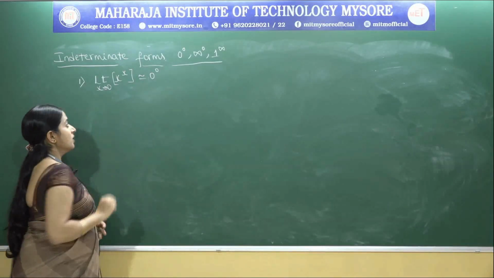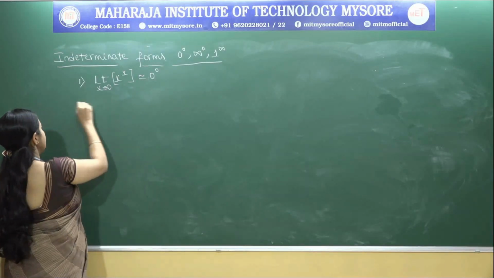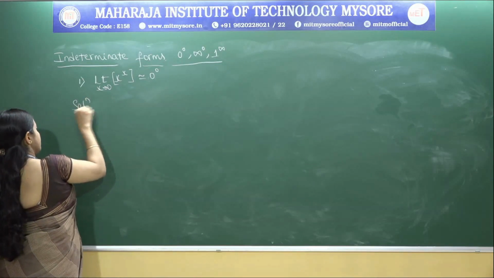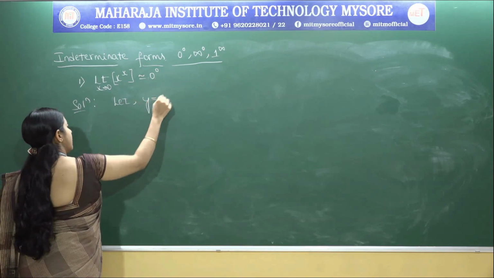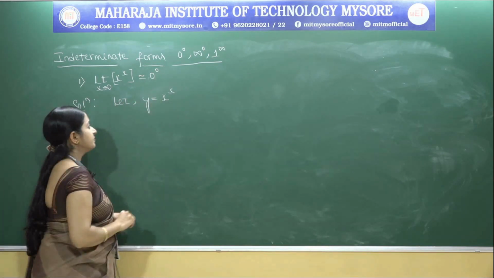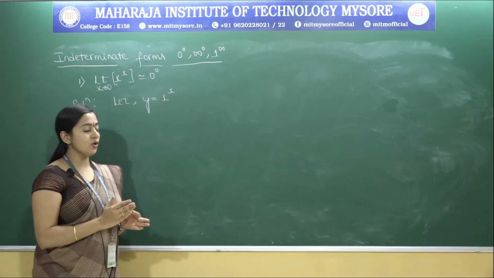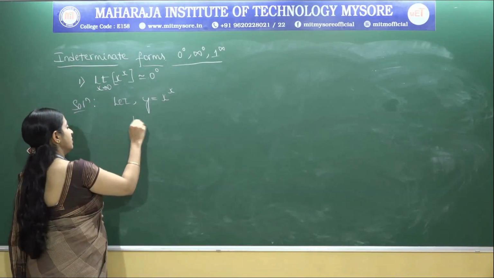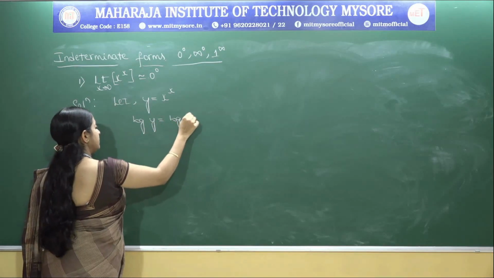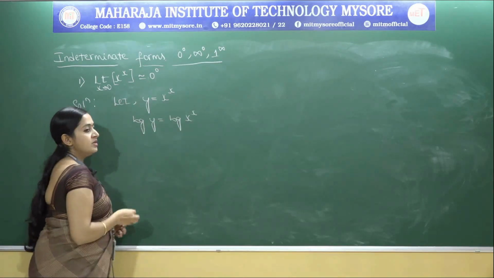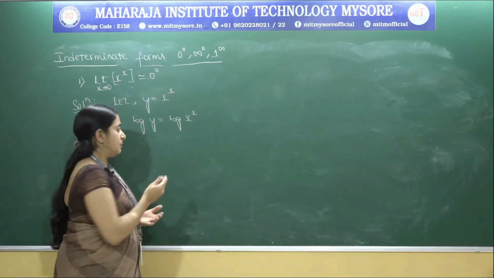So to solve this problem, write the solution: let y equals x power x. Then apply the log on both sides. Log y equals log x power x. So you have the property log a power m, which can be written as m log a.